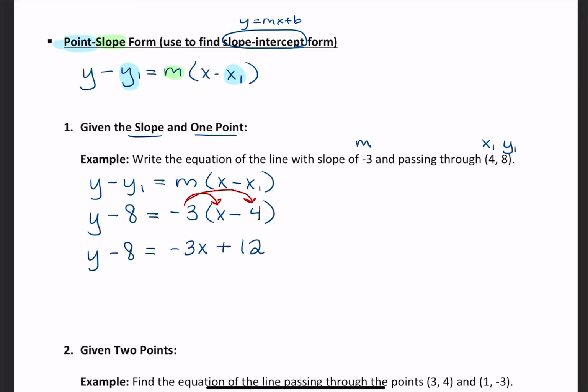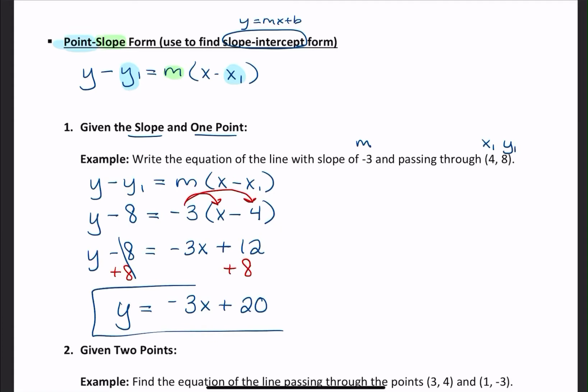And then to get y by itself, you're going to add 8 to both sides, giving you y equals -3x plus 20. So that's the equation of the line. Unless they state otherwise, when they ask for the equation of the line, they want it in y equals.